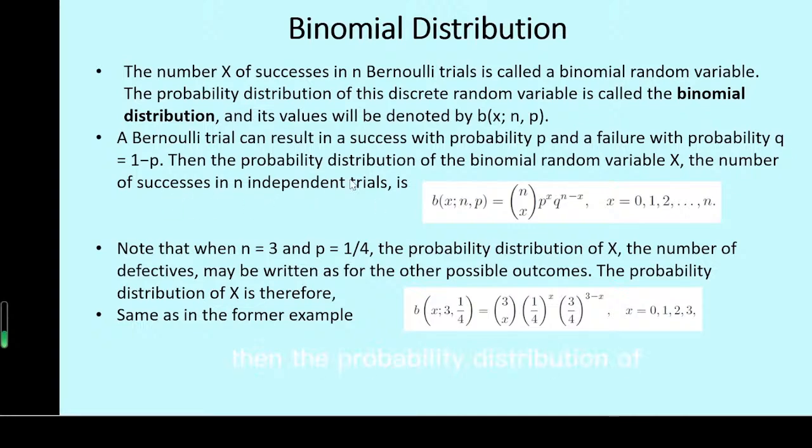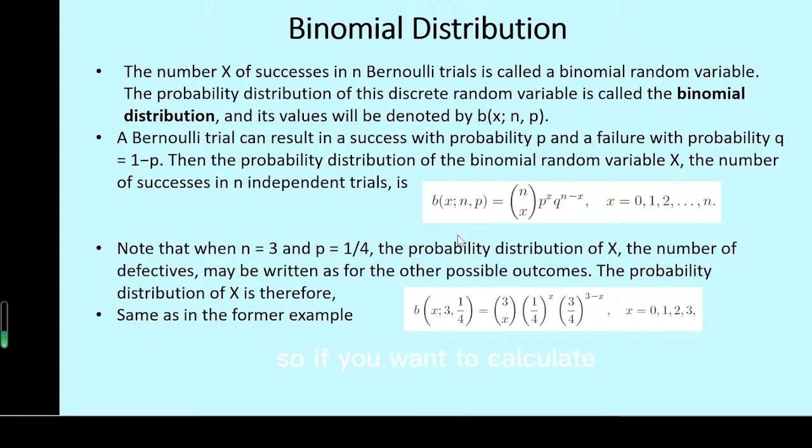Then the probability distribution of the binomial random variable x can be denoted as b(x; n, p) equals the combination C(n, x) times p to the power x times q to the power n minus x. So x can be 0, 1, 2, 3, 4, up to n.